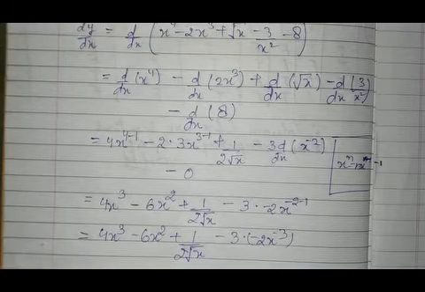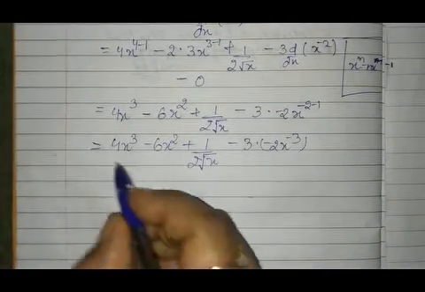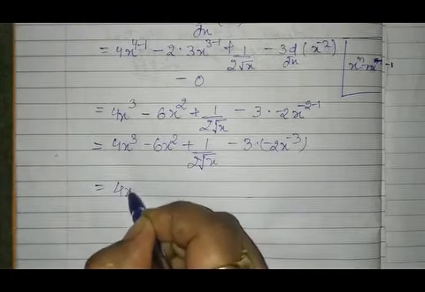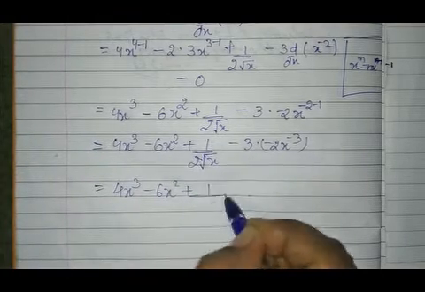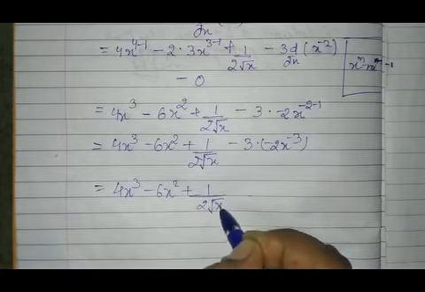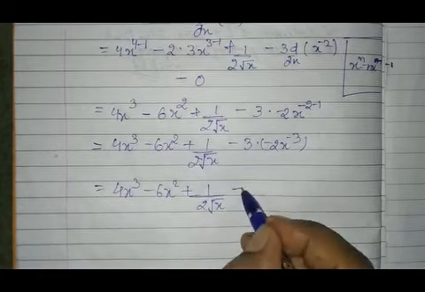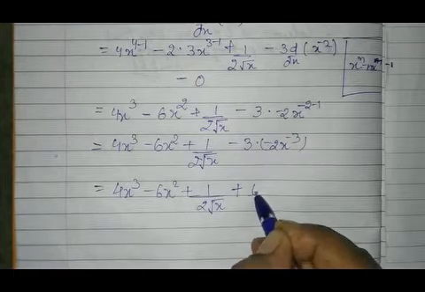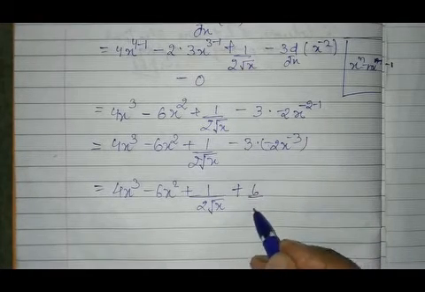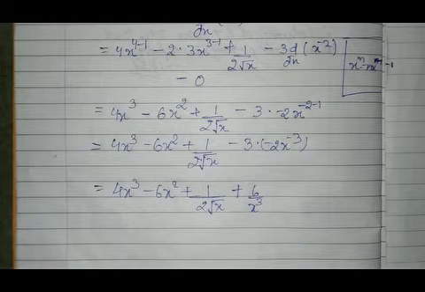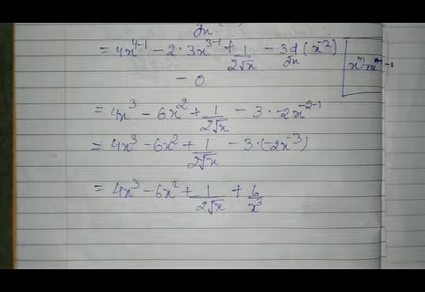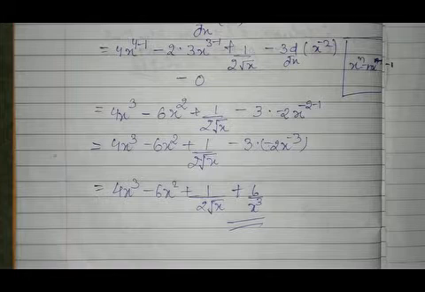Now we have to simplify the last term. 4x cube minus 6x square plus 1 upon 2 root x, minus becomes plus, 3 into 2 becomes 6, and this x raised to minus 3 will come downside and become x cube. Understood? So this is your final answer.